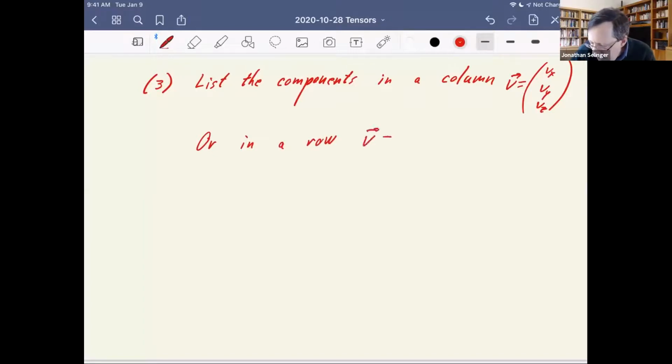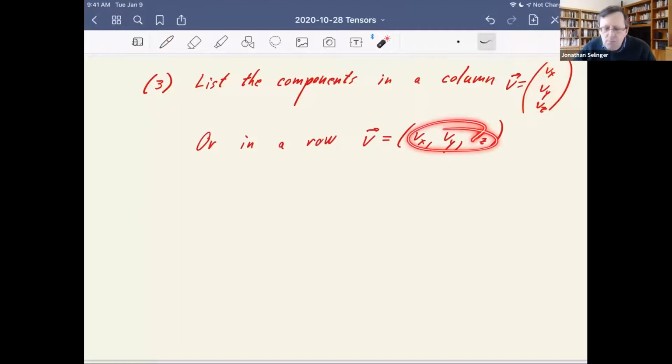So V is Vx, Vy, Vz. So this is a general expression for the vector, which emphasizes the set of three numbers. That's fine, as long as we recognize that those are not any old three numbers, but a representation of this 3D object. Right?